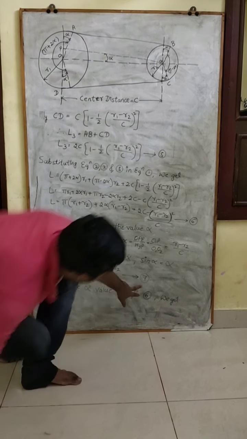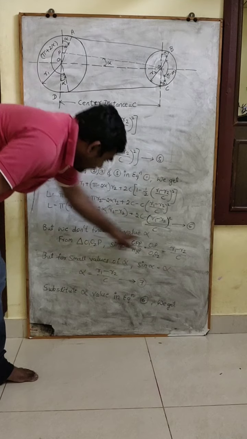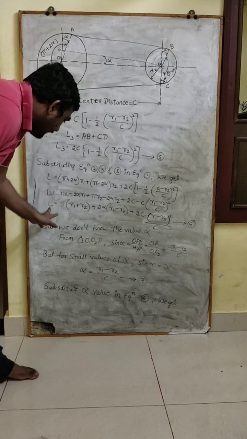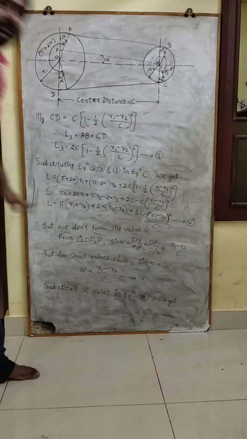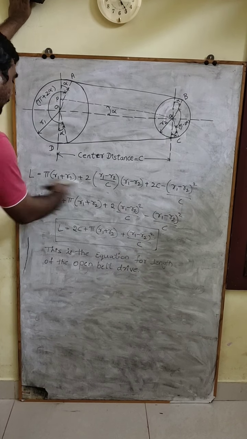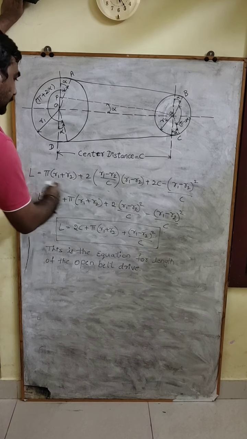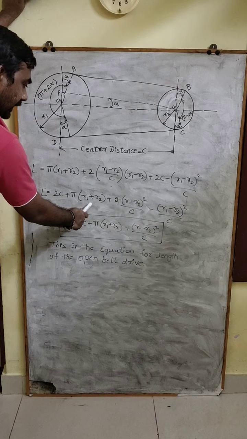If we substitute the value of alpha from equation number 7 in equation number 6, we will get the value for capital L, that is the total length of the belt. After substituting, we get this equation. Now just rearrange the terms: I keep 2C in the first place, pi into (R1 plus R2) as it is.